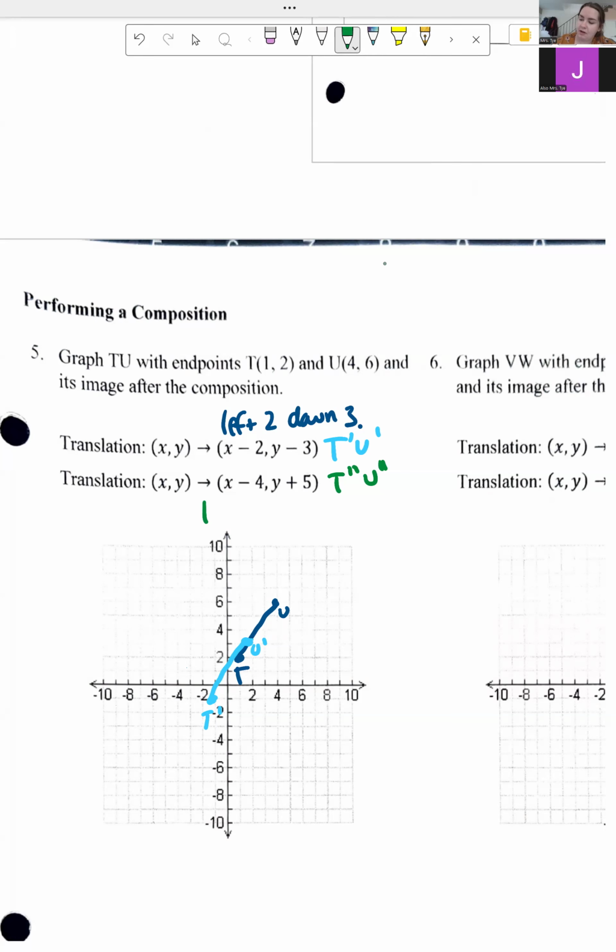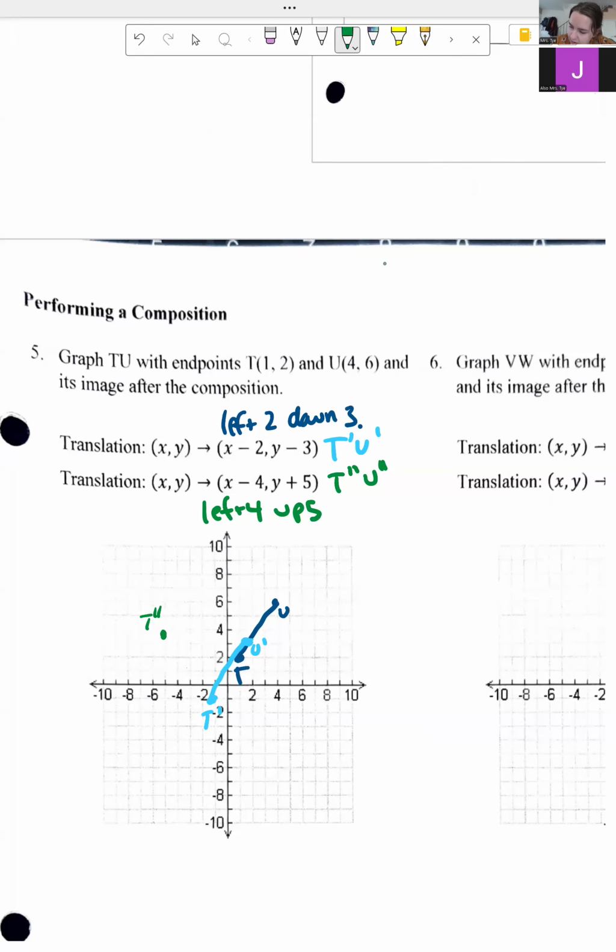So this time we are moving left 4 and up 5. So from here we're gonna go left 4, 1, 2, 3, 4, up 5, 1, 2, 3, 4, 5. Right there. That's T double prime.